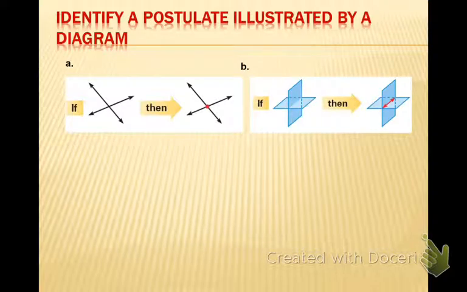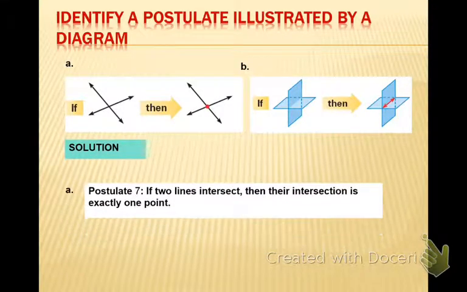We'll keep rolling. So now we'll do this in a couple of different ways using some diagrams. So here's an example for you here. Identify a postulate illustrated by that particular diagram. Diagram A. Which postulate is that representing, Mandy? 7. 7, which says if 2 lines intersect, then the intersection is exactly 1 point.